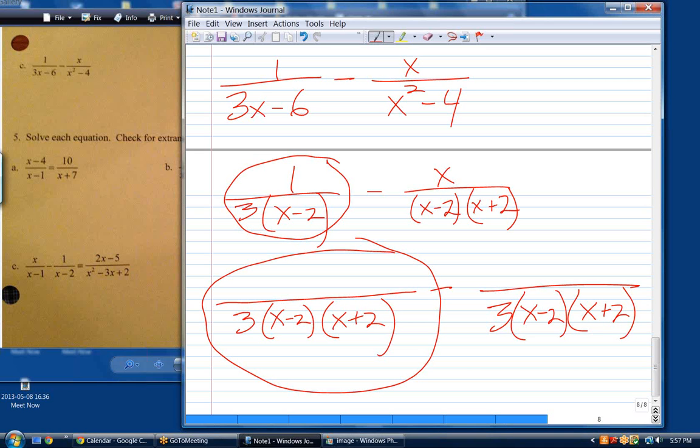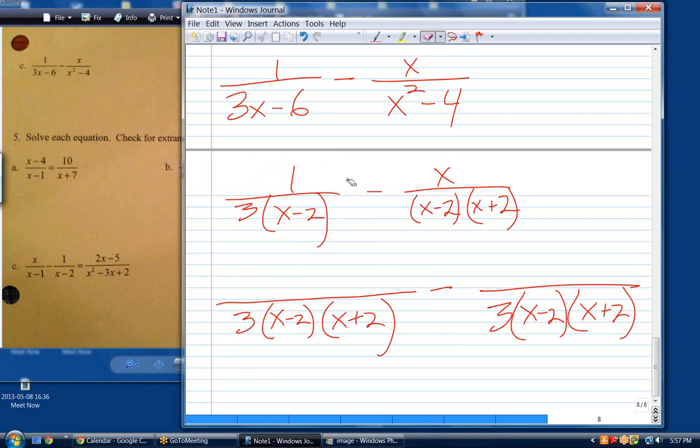Sorry about that. Okay, so our goal, once we found a common denominator, is to figure out what the numerator needs to be. In other words, I can't change this fraction. I can only state it in a different way. So what's the new numerator have to be? x plus 2. Let's go back and look at this, because this is really key.